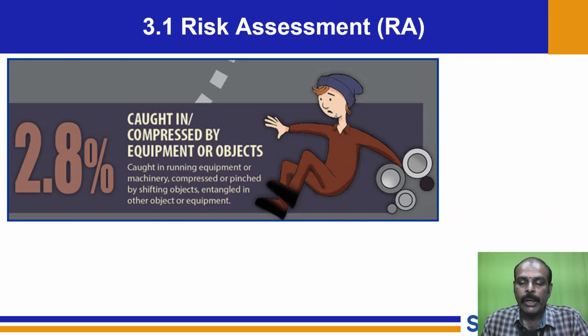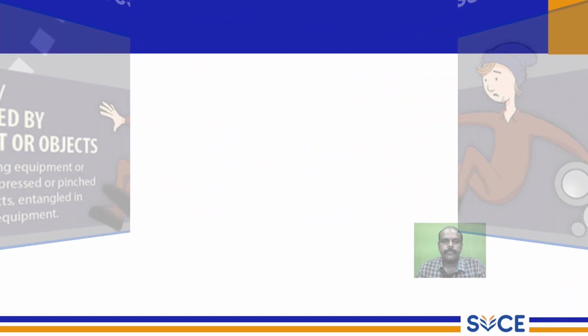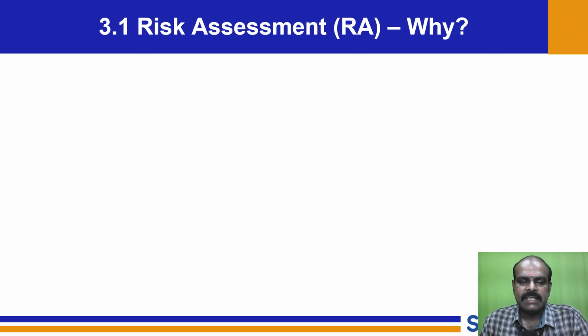So why do we do all these things? We'll see in the upcoming slides. But before that, you should quantify even a single accident or single injury, and you should analyze the reason for the injury. Now this is the question we need to address: why should I do this risk assessment? Or why should I account for all these injuries, and why is it necessary to note down the possible reasons for them?